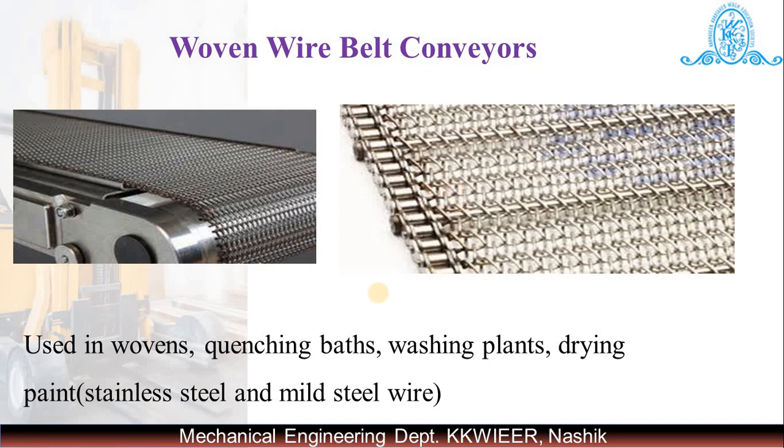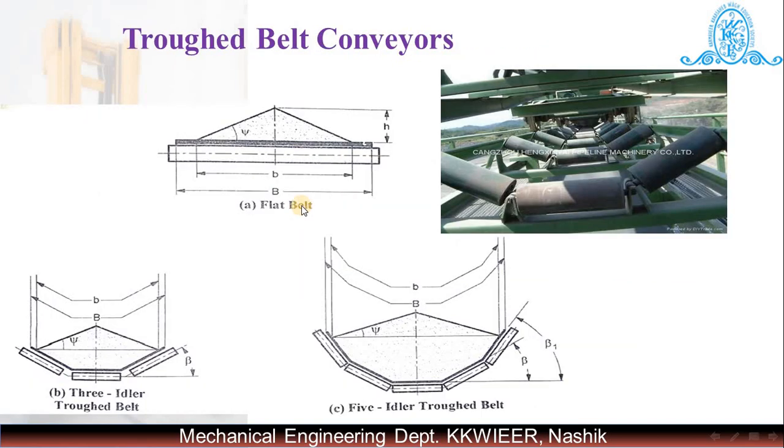Instead of a belt we use either a stainless steel mesh or a mild steel mesh. You can observe the actual photograph over here. Most probably it is used in quenching baths, maybe in heat treatment or heating industries. Then we have the trough type, either hollow type or flat type.